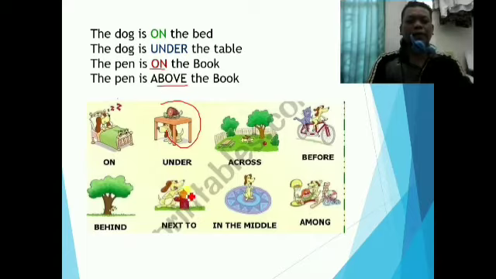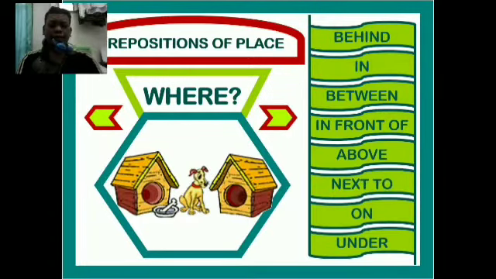Anjing ini berada di samping hidran. In the middle berarti di center atau di tengah-tengah. So the dog is in the middle of the rug. And then among means di antara sebanyak, ya.